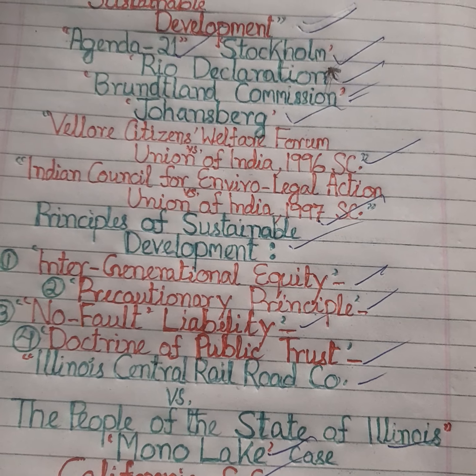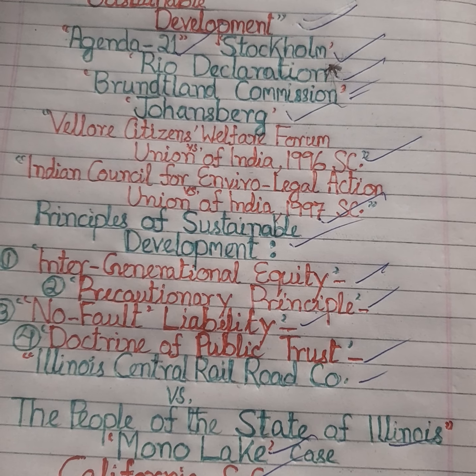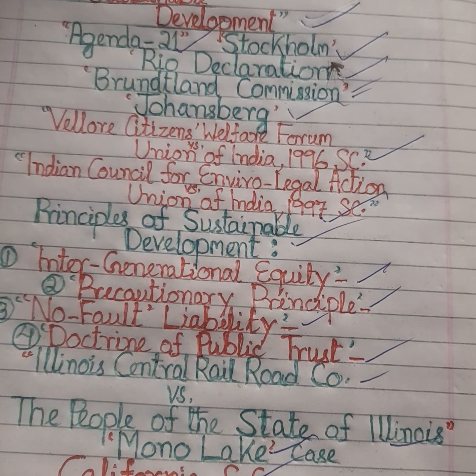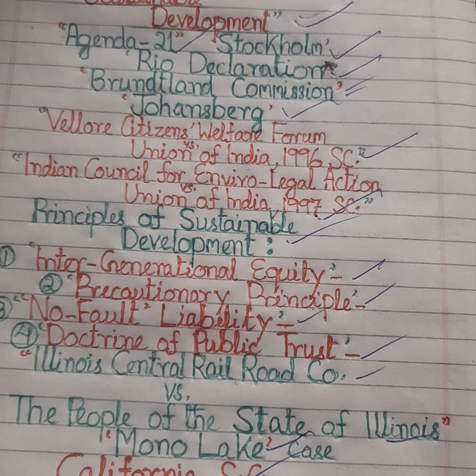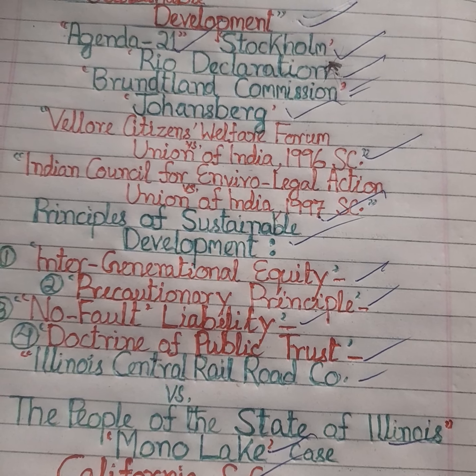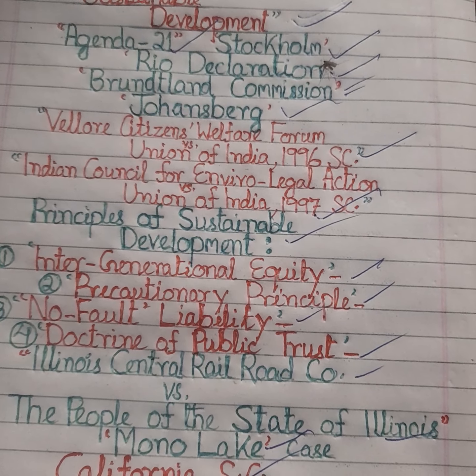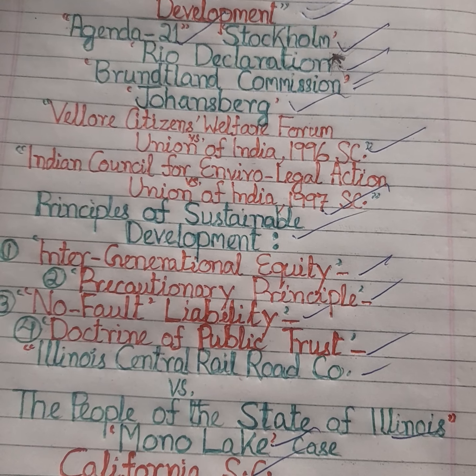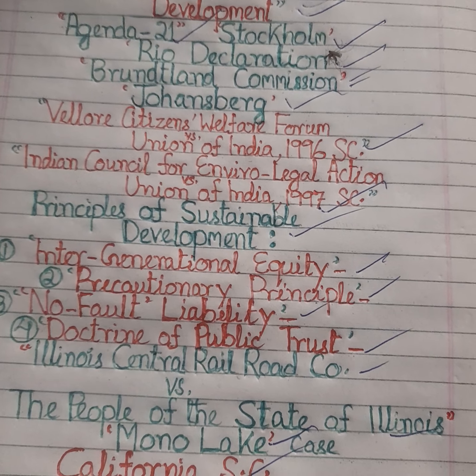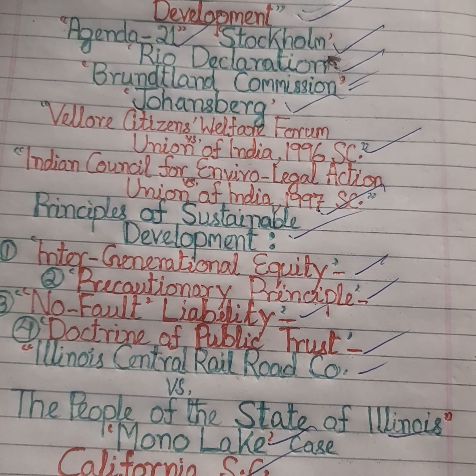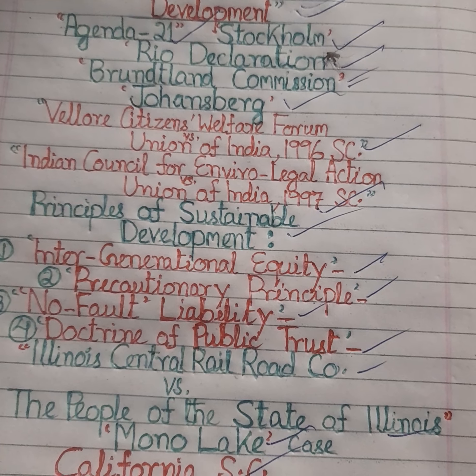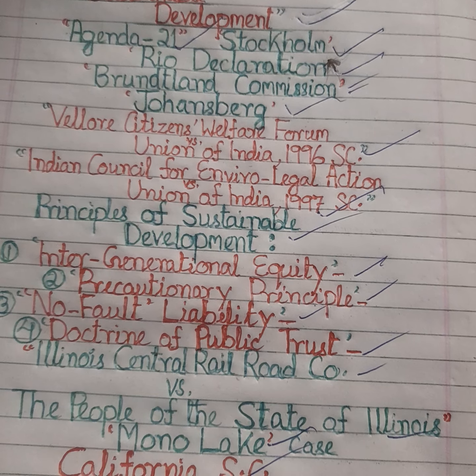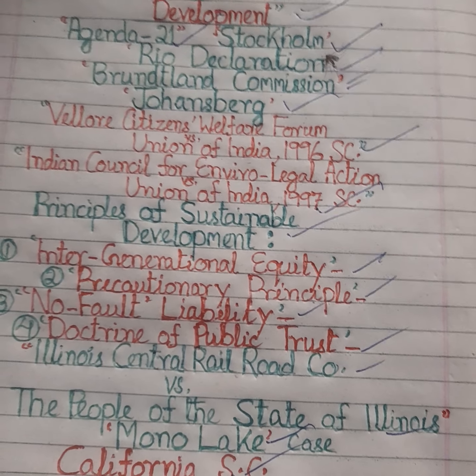Before that, the United Nations Organization in 1983 established the Brundtland Commission under the former Norwegian Prime Minister Brundtland, who submitted its report in 1987 with some recommendations to the United Nations General Assembly. Subsequently, in 2002, the Sustainable Development Conference on Environment was held at Johannesburg in South Africa.